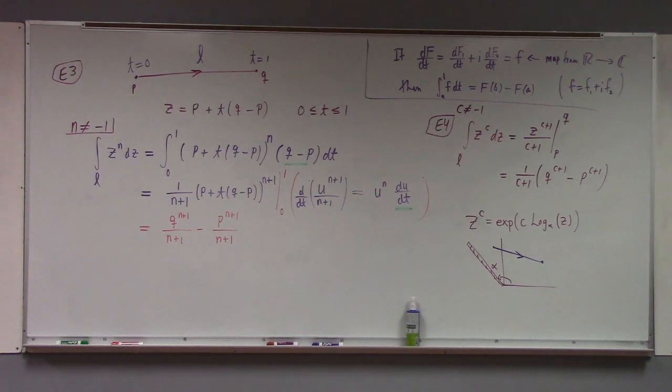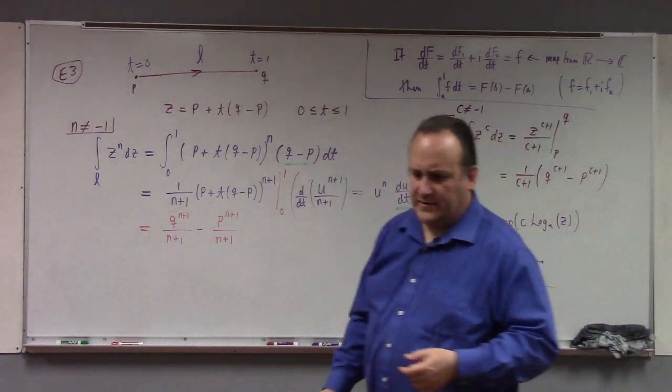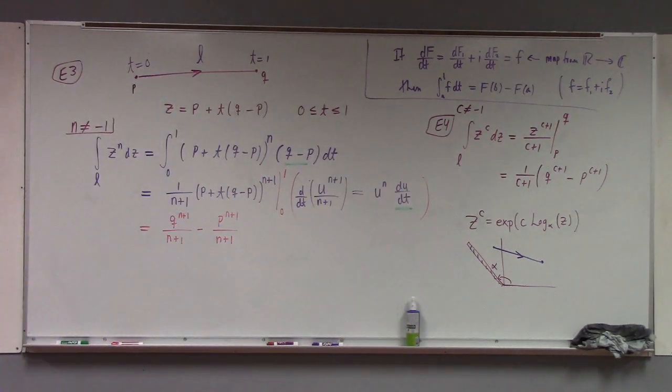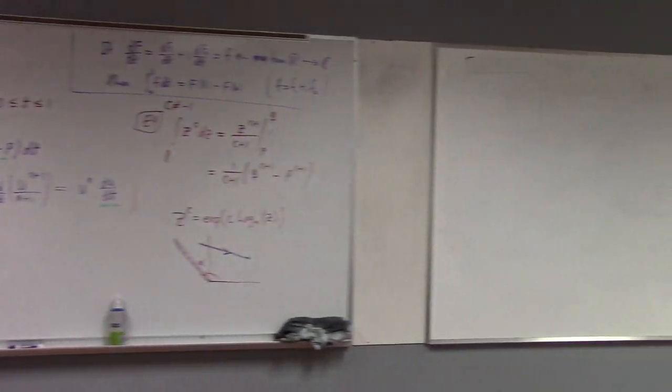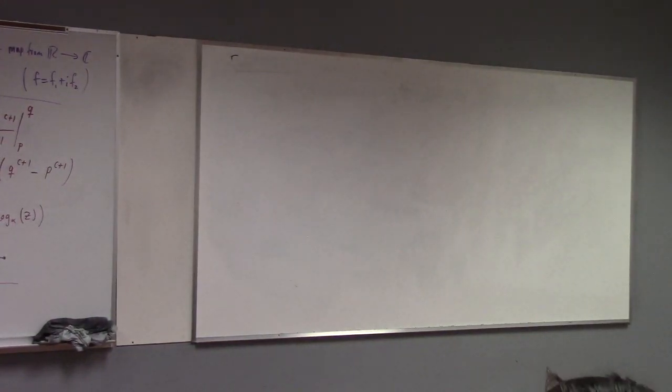How would you think we'd do that? Sometimes a piecewise smooth path is called an arc in complex analysis. Sometimes it might be called a contour. Sometimes this integral we're talking about is called the contour integral.